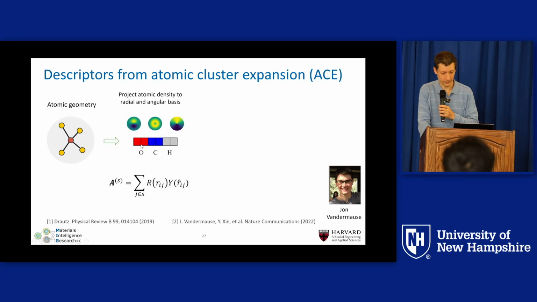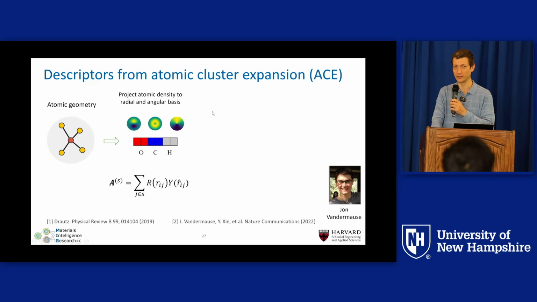One first attempt that we made in this direction was to use what is called the atomic cluster expansion. It is basically a systematic way of writing down any invariant function of atomic positions in terms of spherical harmonics and radial basis functions. It turns out to be a complete basis to represent any 3D structure.